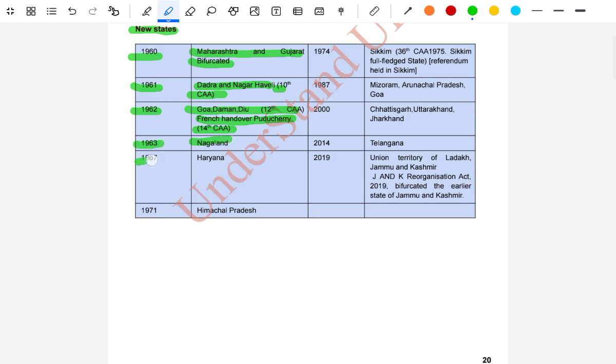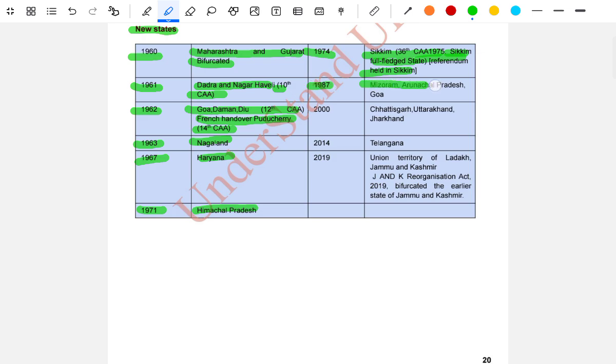Nagaland, 1967. Haryana, 1971. Himachal Pradesh, 1974. Sikkim, 36th Constitutional Amendment Act 1975. Sikkim became a full-fledged state after a referendum held in Sikkim.